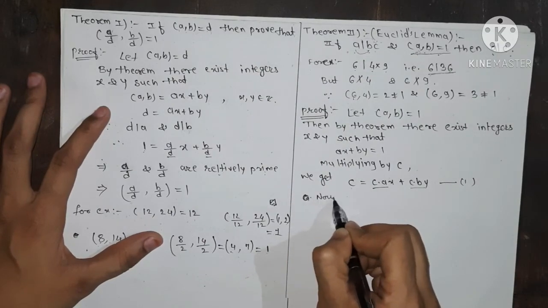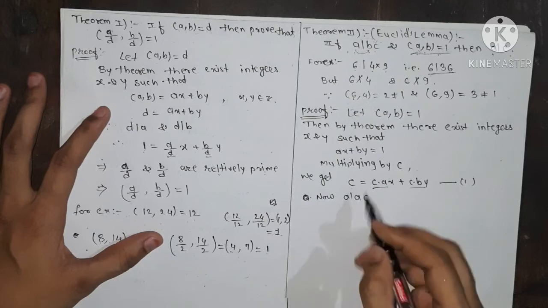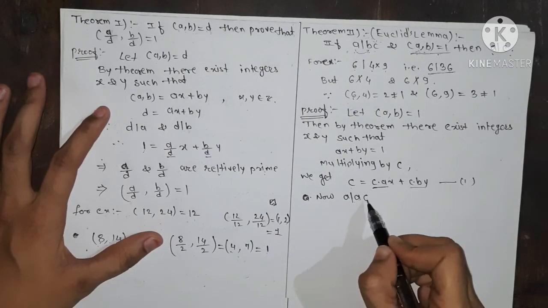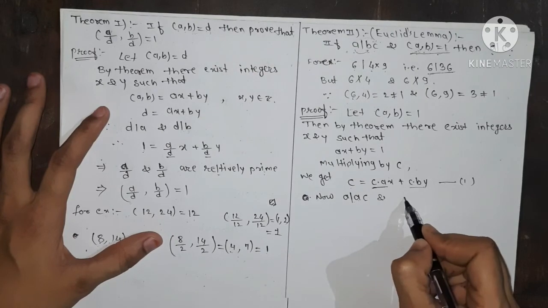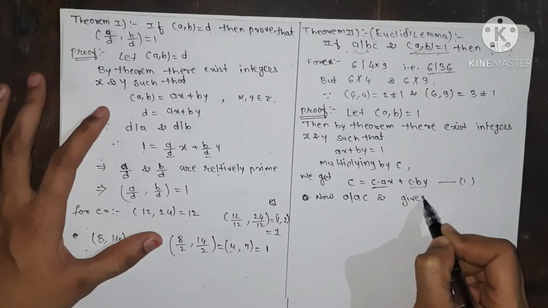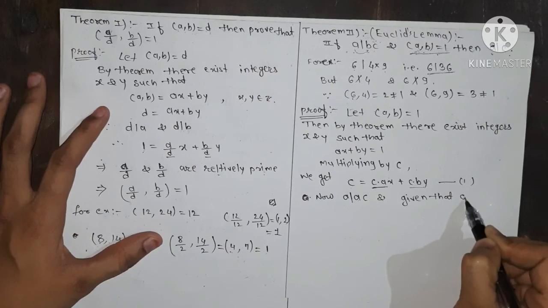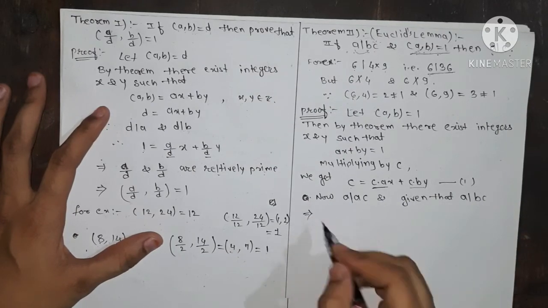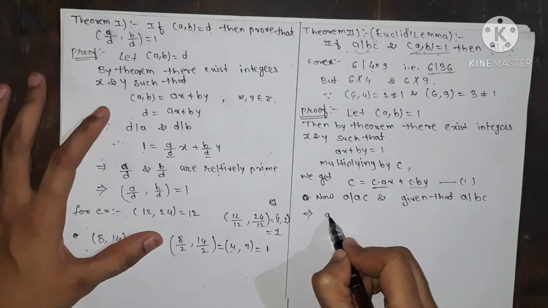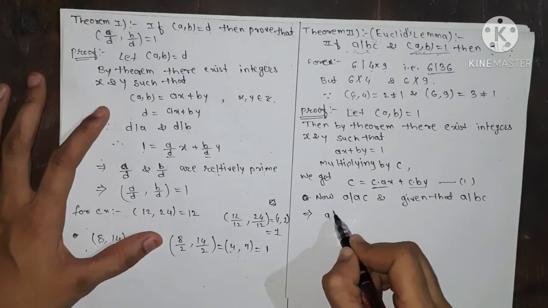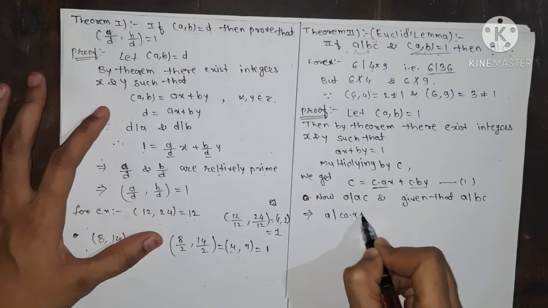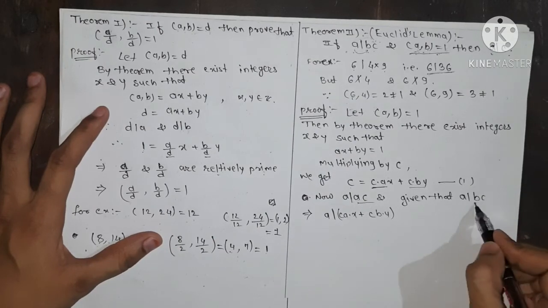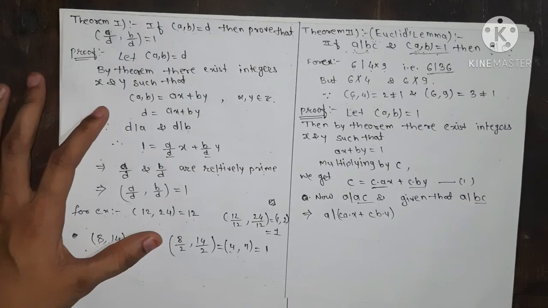Now A divides AC because AC is a multiple of A, and given that A divides BC, this implies A divides CA into X plus CB into Y, that is a linear combination of these two, by the property.